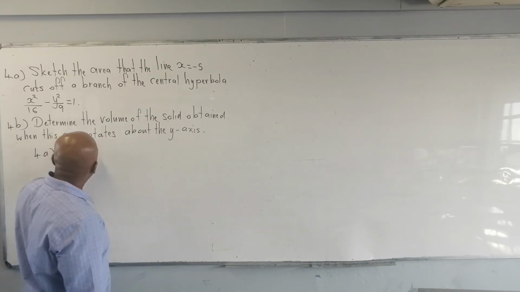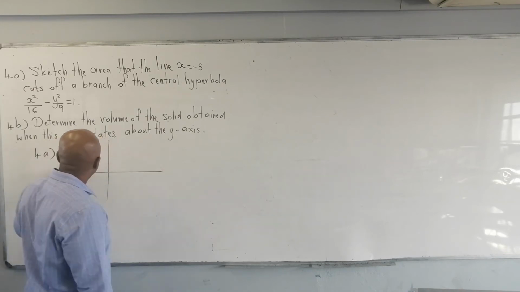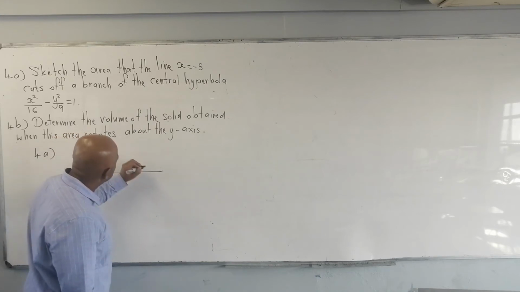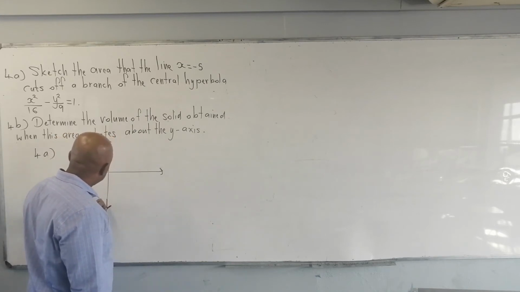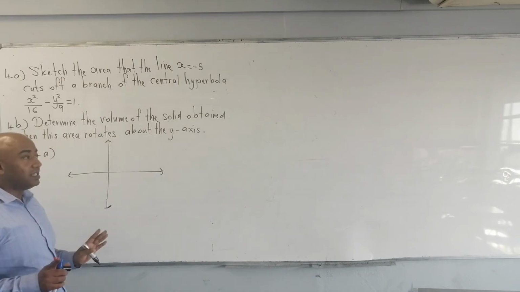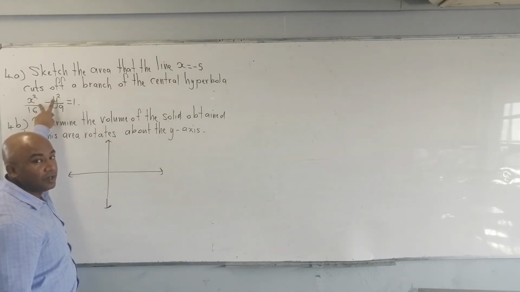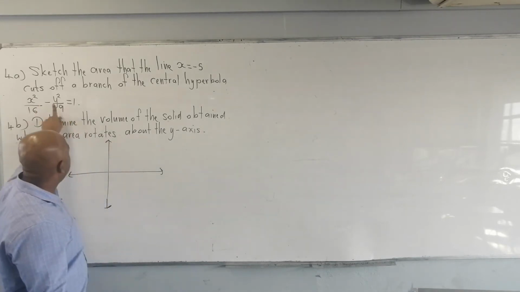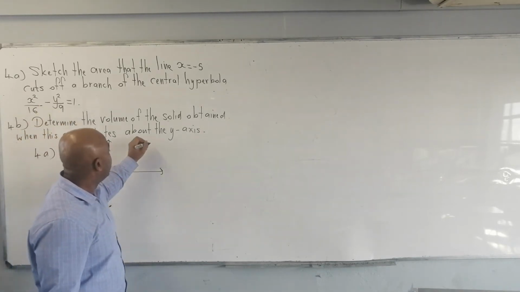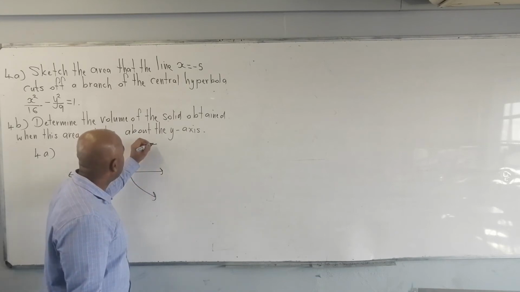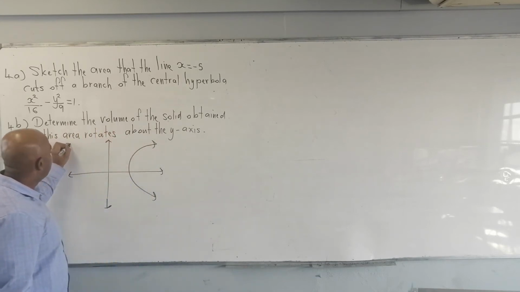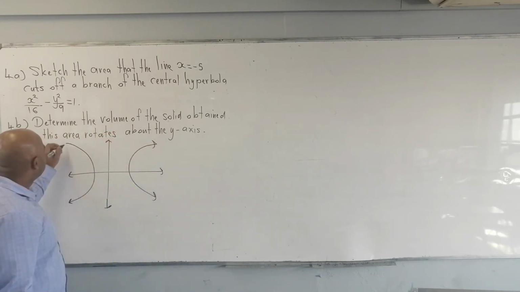Okay, so your central hyperbola, how do you know it's a central hyperbola? You see a negative in between x squared and y squared. If you see this negative sign, then you know you're going to have one branch on the right and another branch on the left.